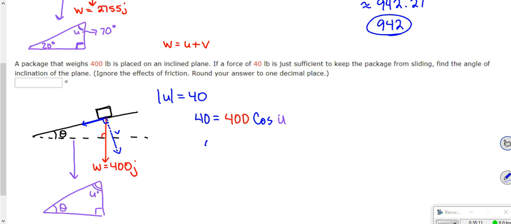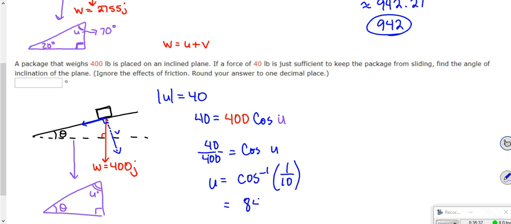So this means 40 over 400 equals cosine u. Well, that's 1/10. So that means that u is the inverse cosine of 1/10. Again, 1/10 comes from 40 over 400. If I poke that in my handy dandy calculator, it equals approximately 84.26. Now, that's u, that's not theta.